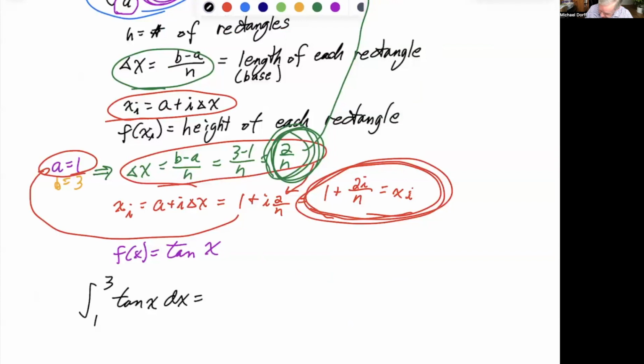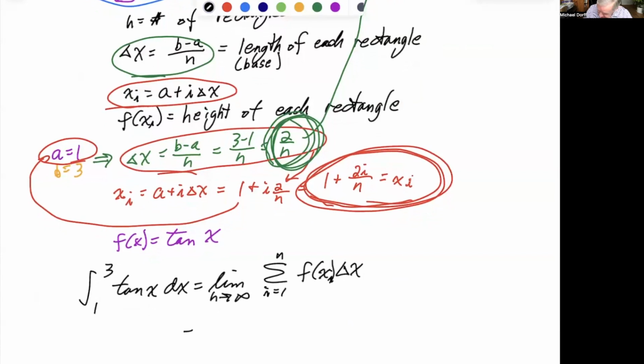That's going to equal this limit as n goes to infinity of the sum i equals 1 to n of f of x sub i delta x. And so we just substitute what we have. So this part won't change, the limit, the sum. Now, what was f of x?